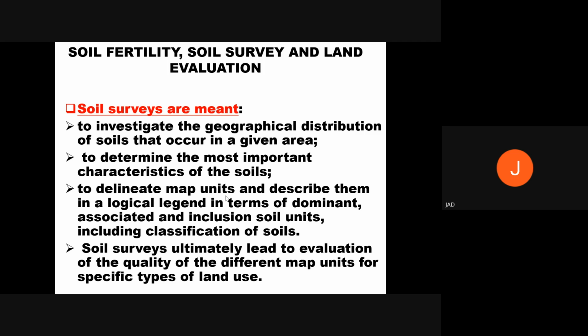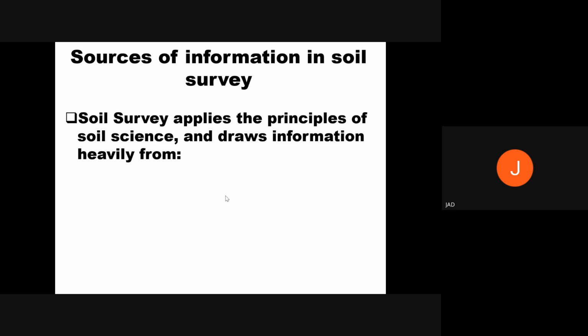Soil surveys ultimately lead to evaluation of the quality of different map units for specific types of land use. Soil survey applies the principles of what, soil science, and draws information heavily from what?